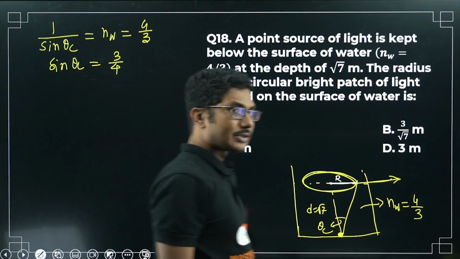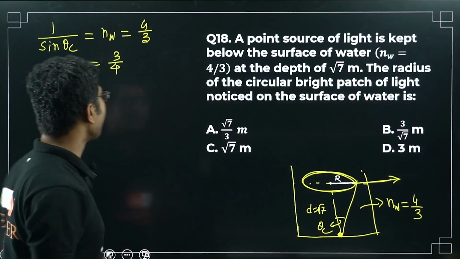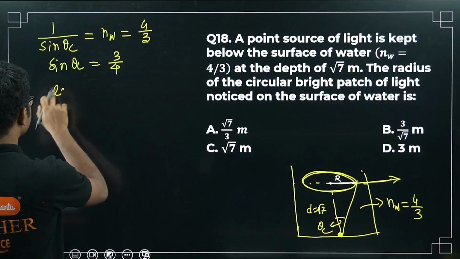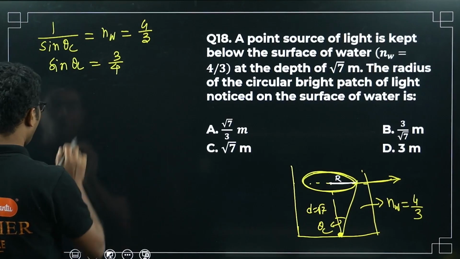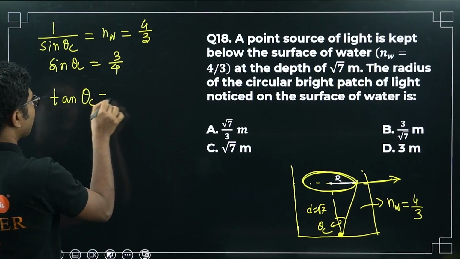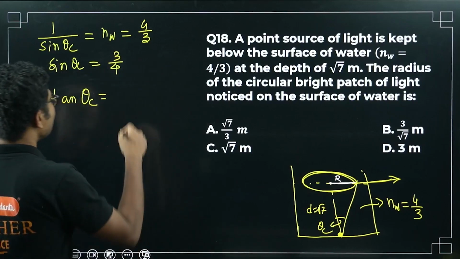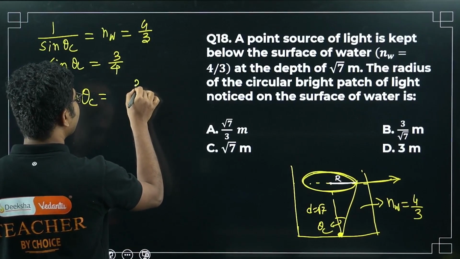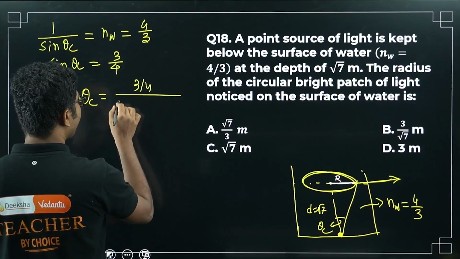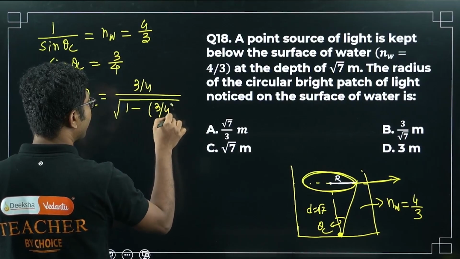If it was 3/5 it would have been easier for us, but it is given as 3/4. Now we have to calculate cos theta c, or rather we will directly solve for tan theta c. What is tan theta c? Tan theta c is sin theta c divided by cos theta c. Sin theta c is 3/4, and cos theta c is the square root of 1 minus sin square theta c, that is 3/4 whole square.